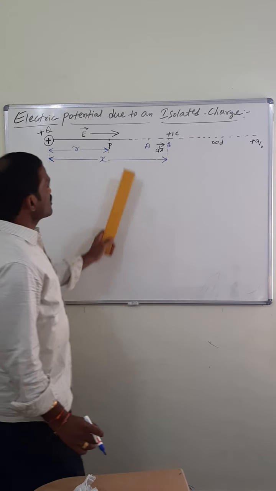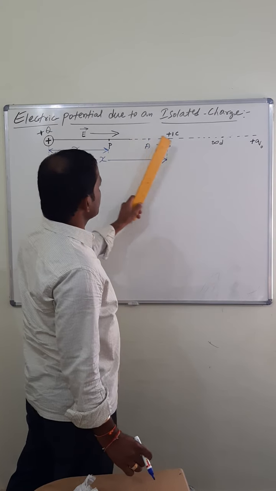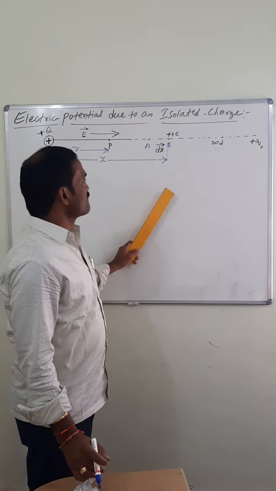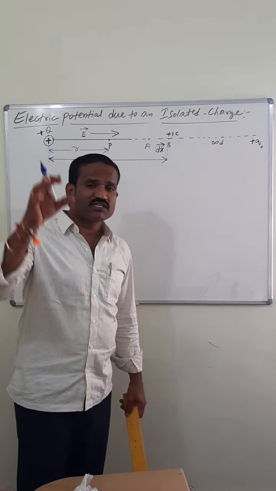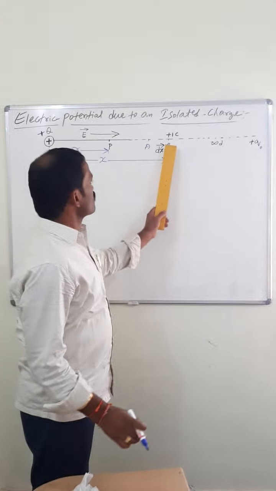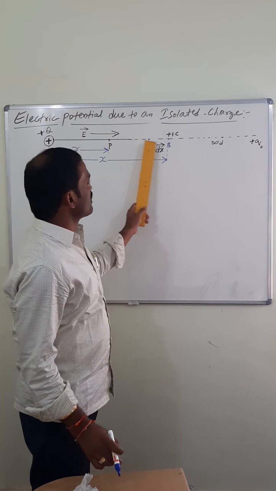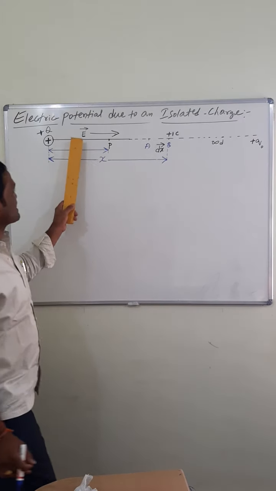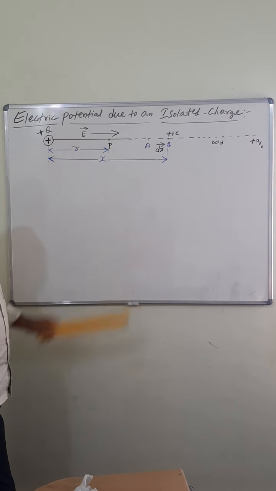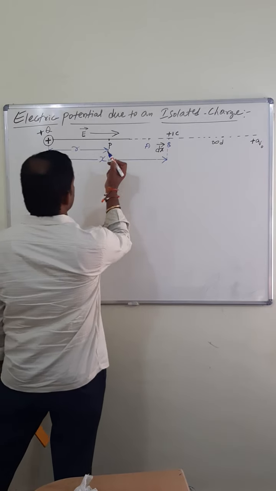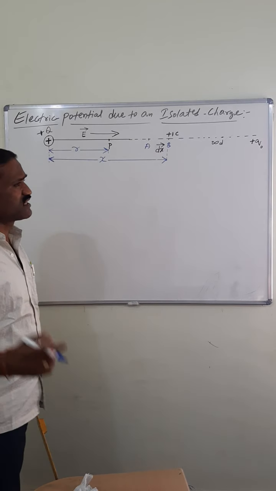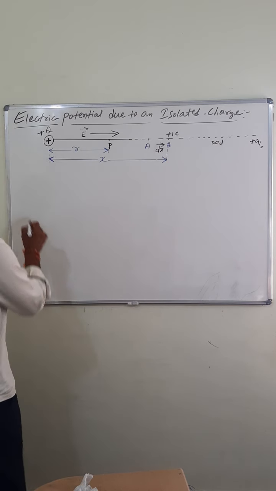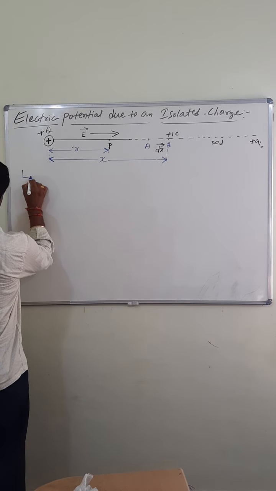Consider 2 points in an electric field, A and B. First I will calculate the small amount of work done to transfer positive 1 coulomb of charge from B to A through a displacement of dx against the direction of electric field. Why I should calculate work done and all those details I already explained in the previous session.